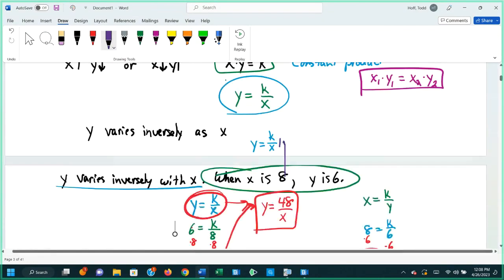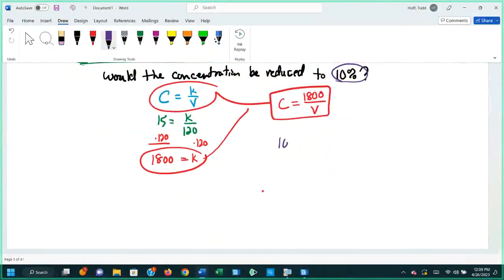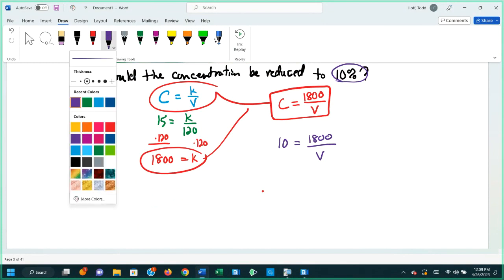So I put 10 in for C, and I'm going to solve for V. So here, because I chose to do C equals K over V, I could have done V equals K over C. Remember, inverse relation, doesn't matter what order I put the variables in. But because I did it this way, the variable I'm solving for is on the bottom of a fraction. And that's always a little bit inconvenient to work with.